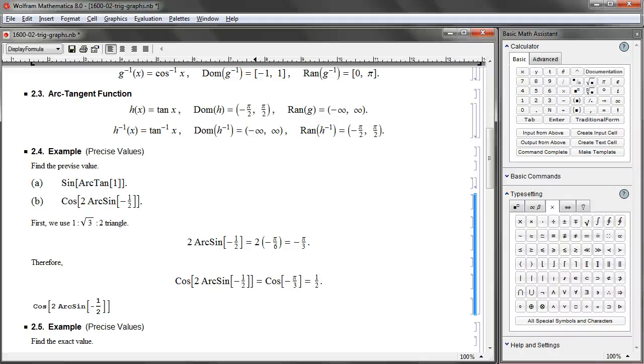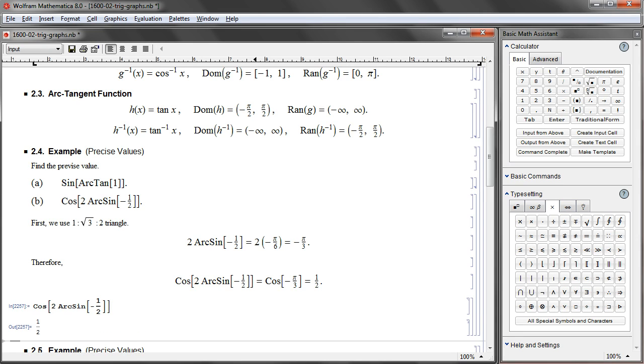Well, what kind of angle gives you sine as negative 1/2? It's going to be the 1, square root of 3, 2 triangle. You're going to get negative pi over 6. Twice of that will be negative pi over 3. Cosine of negative pi over 3 is 1/2. But then again, you can use a calculator. Here I'm using Mathematica.